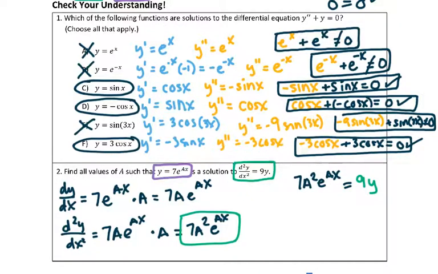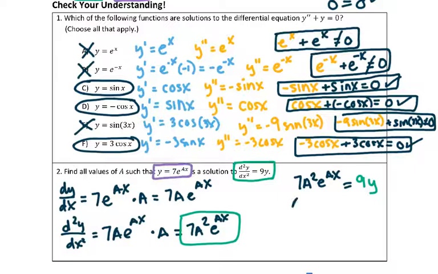So one thing that we said yesterday was that sometimes the original function can show up in the differential equation. And when you see that happen, especially in something like this where it's just a lot of stuff going on, one way to simplify it is try to see if this original function is floating around somewhere in your derivative functions. So in this case, I think we could definitely find 7e to the ax.